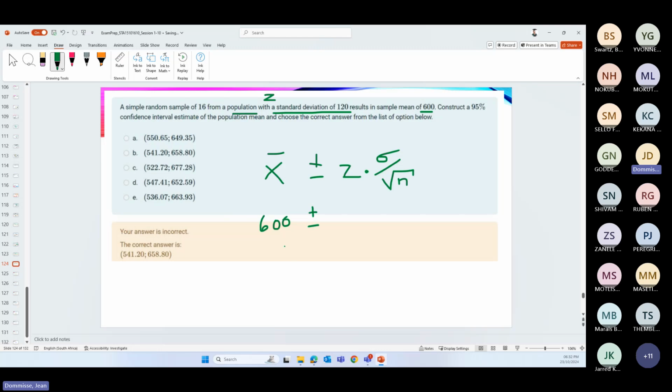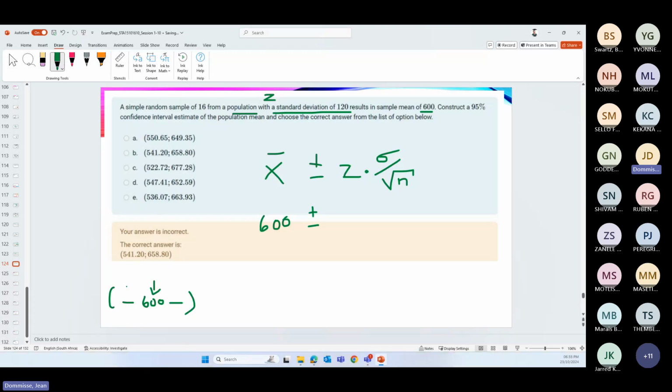So what I normally do, but I've seen that they have not done this lately, is I'll just check quickly. If my mean is 600, that means that 600 will be in the middle. So your upper limit will be more than 600, and your lower limit will be less than 600.